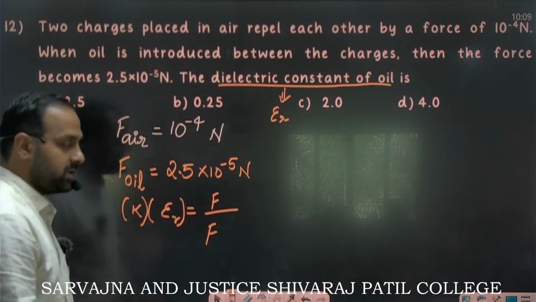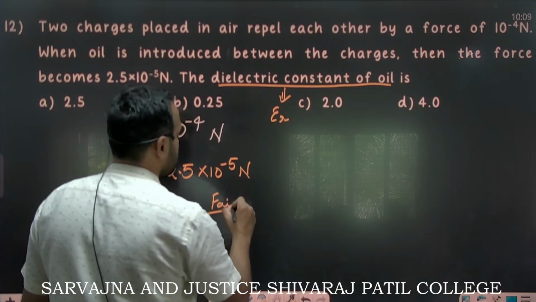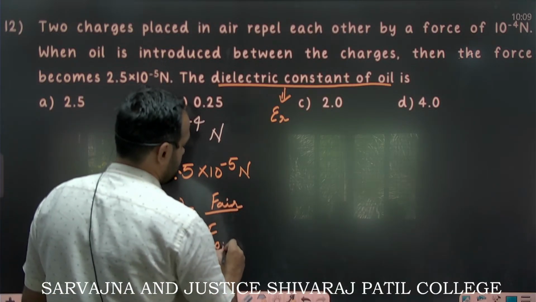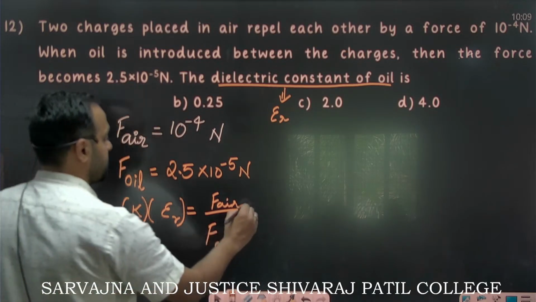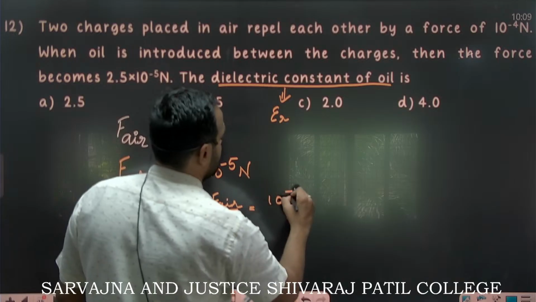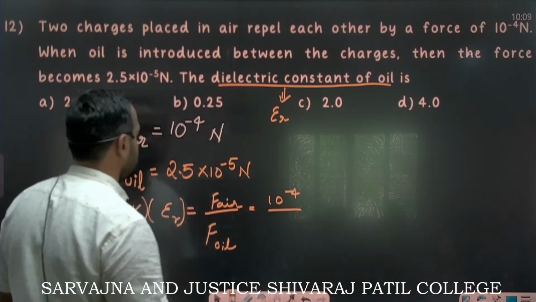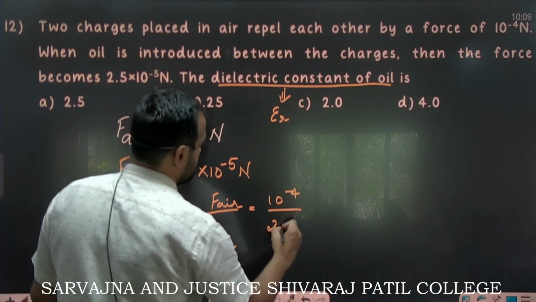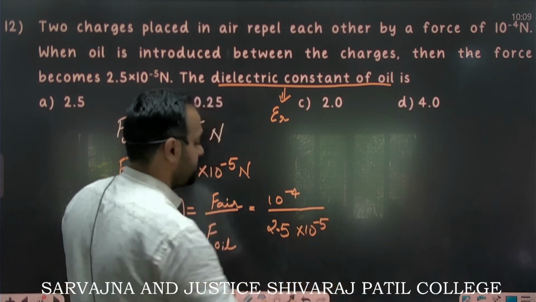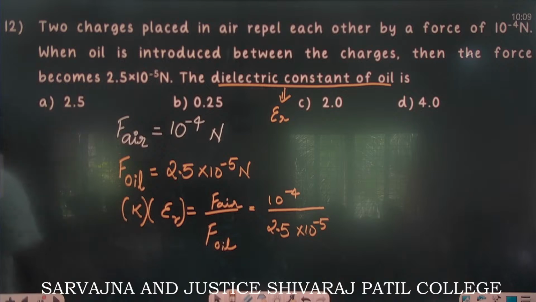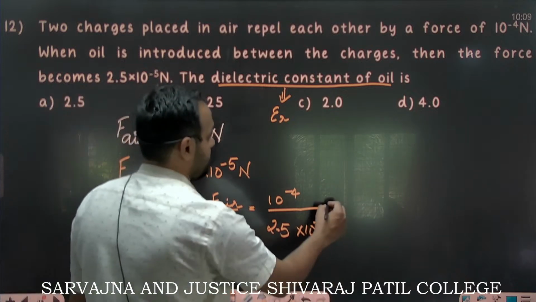Force in air divided by force in oil. So force in air is 10 power minus 4 divided by force in oil, 2.5 into 10 power minus 5. Somebody was already saying correctly, 100 by 25.